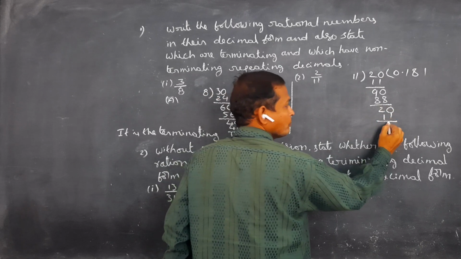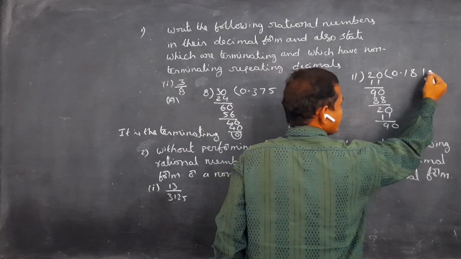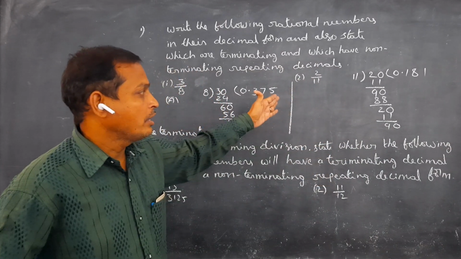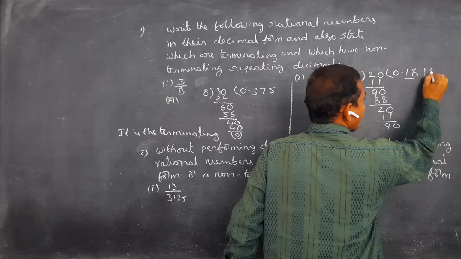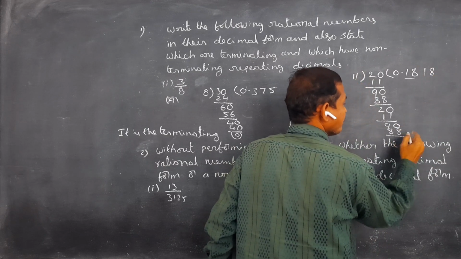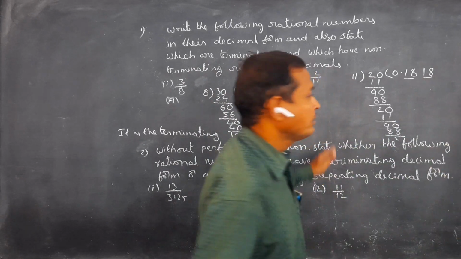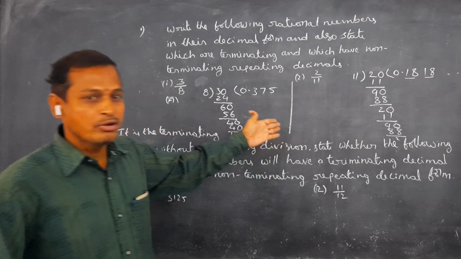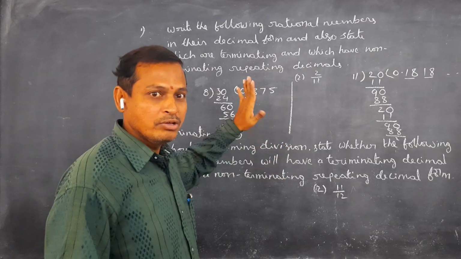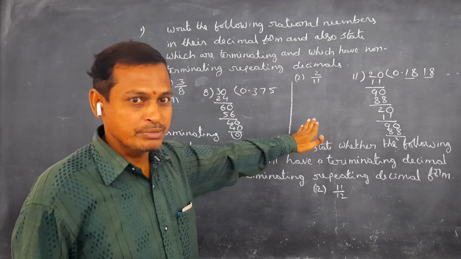Again the difference value is 9. Again 0. Children, we can observe that the number is repeating in this problem: 8 times 11 is 88. Are you understood? The digits repeat, and the remainder does not become 0. The remainder value is not 0. So it is a non-terminating decimal.